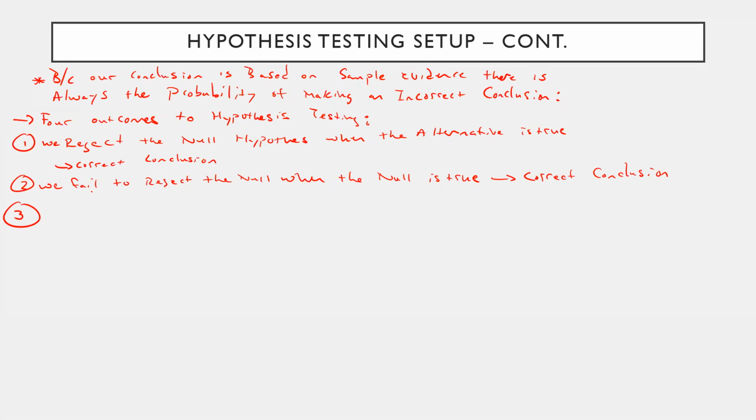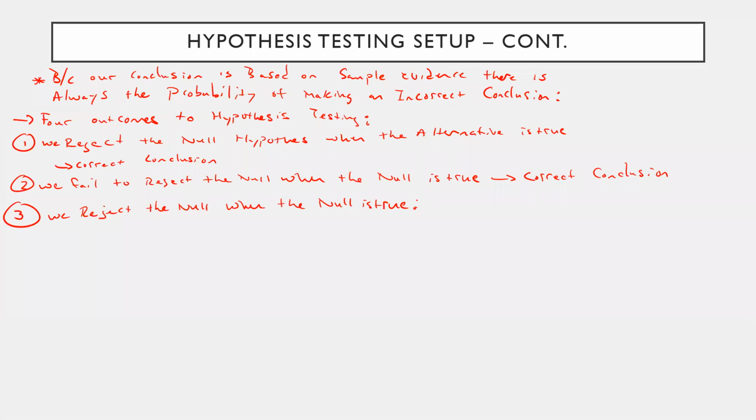So let me talk about the error. One is we reject the null when the null is true. So we're saying you are guilty when the person is actually not guilty.